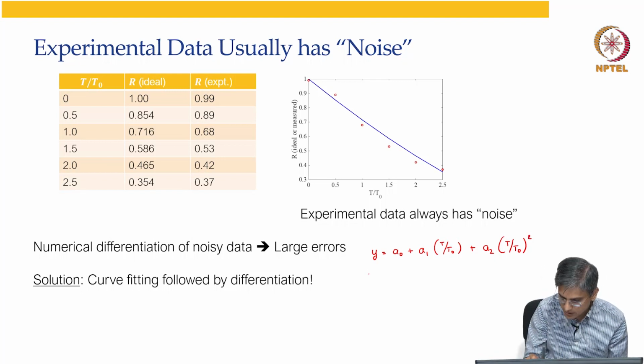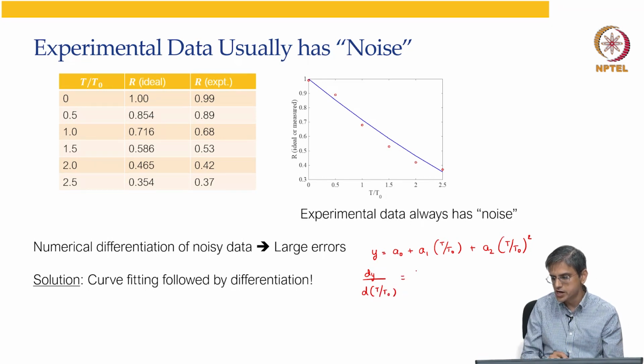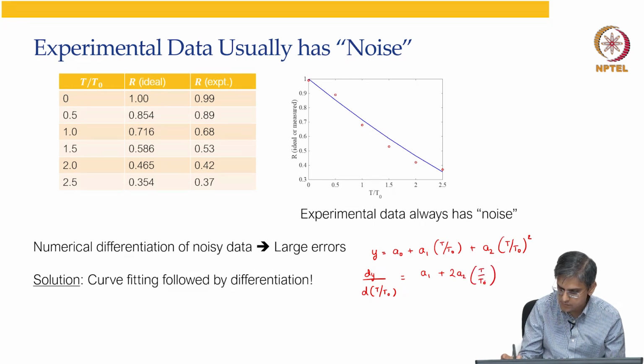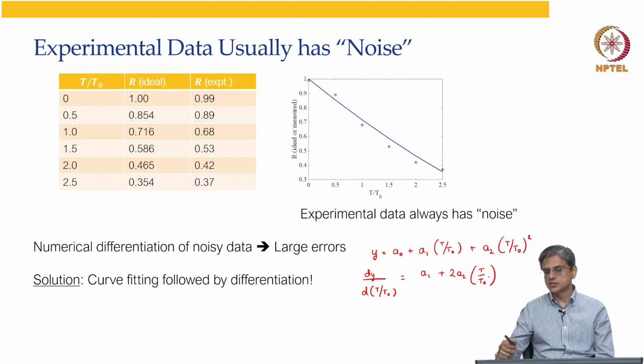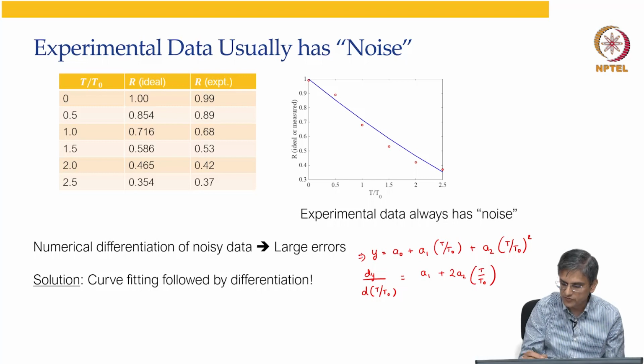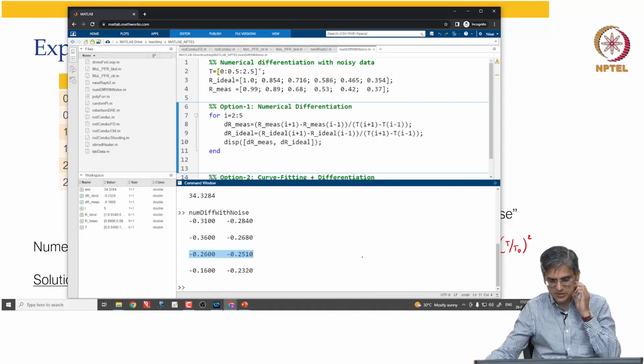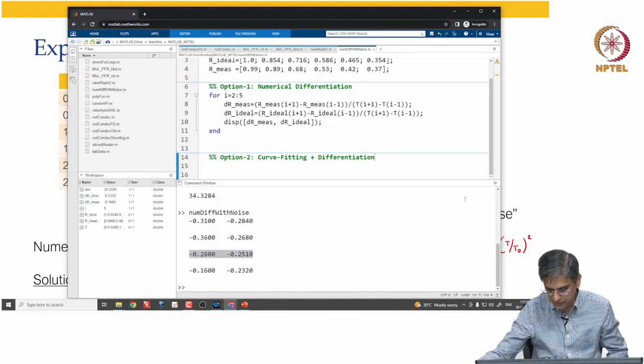In that case, our dy by dt at t naught is going to be nothing but this. So let's first fit a curve of this nature. If you recall from week number 6, how do you fit a curve of that nature?